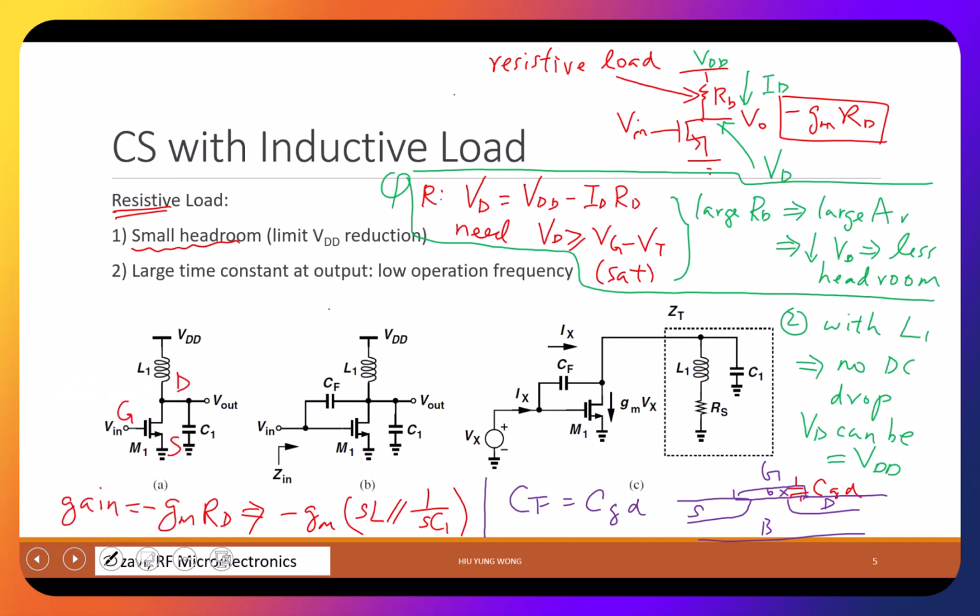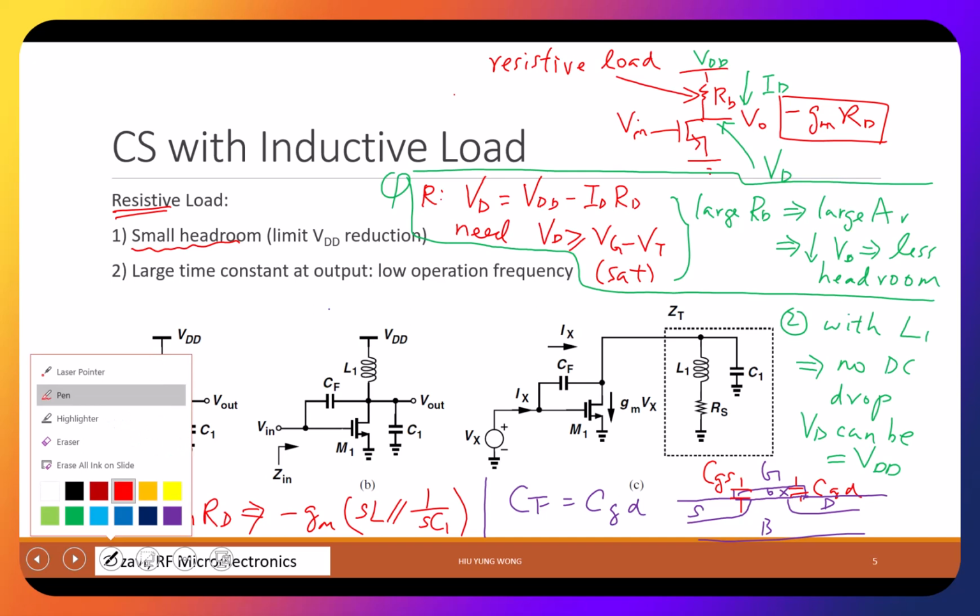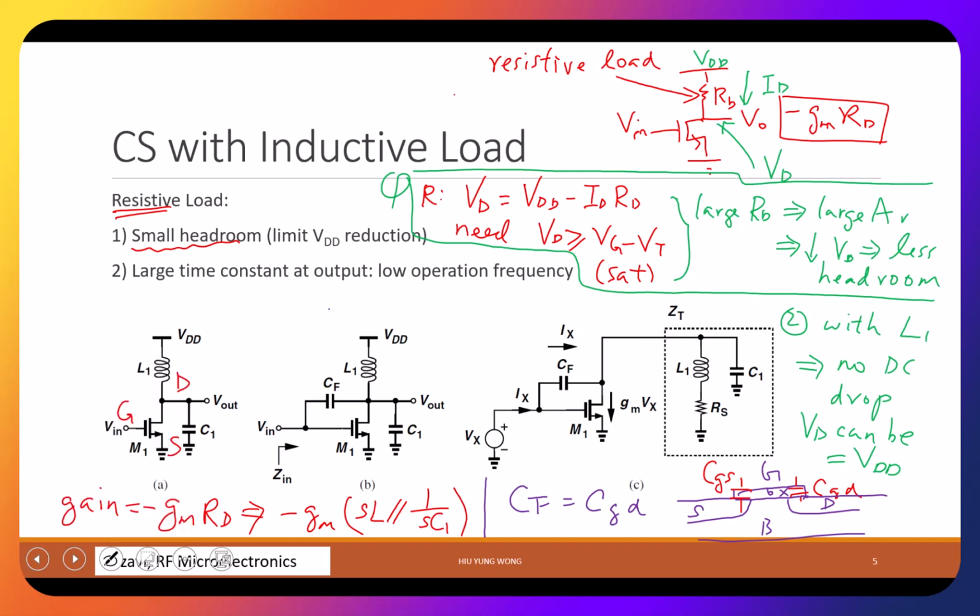Also, here, what do you call this capacitor for overlap? CGS, the overlap between the gate and the source. And if you remember, this part is actually much larger because of the inversion charge.